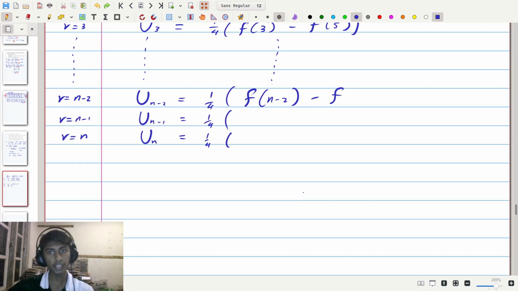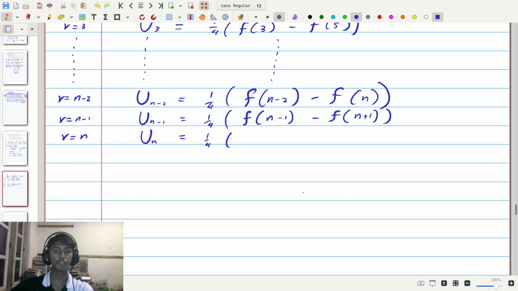So therefore we have minus f of n. Now for the next term we have f of n minus 1, and here we have f of n minus 1 plus 2, which is f of n plus 1. Now finally we have f of n here, and then minus f of n plus 2. And that is all we have for this sum.